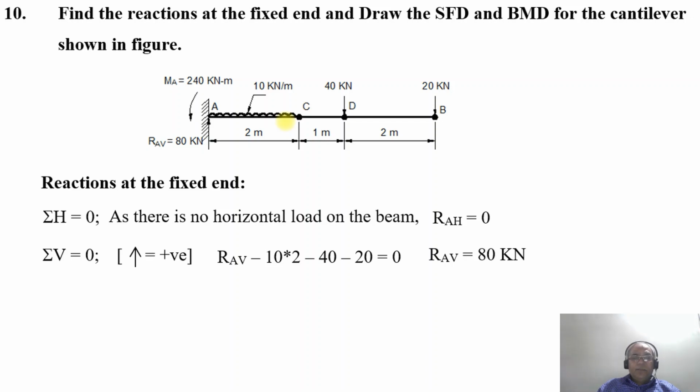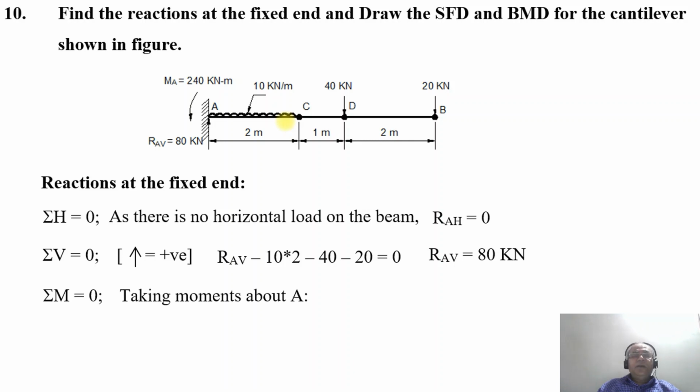Now we consider the sum of the moments acting on the beam equal to 0. Taking moments about the point A, clockwise couple will be equal to counterclockwise couple, or in other words, the counterclockwise couple is negative and the clockwise couple is positive. MA is the reactive moment, so naturally it should be in counterclockwise direction.